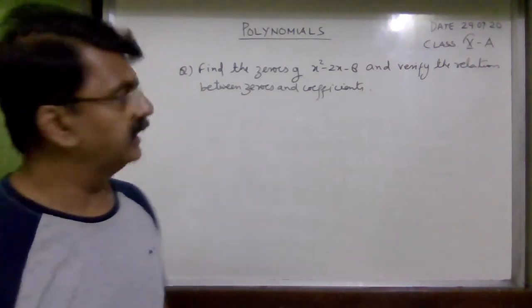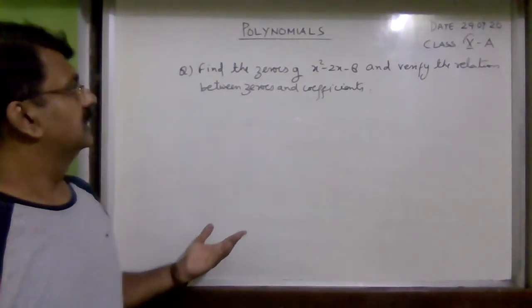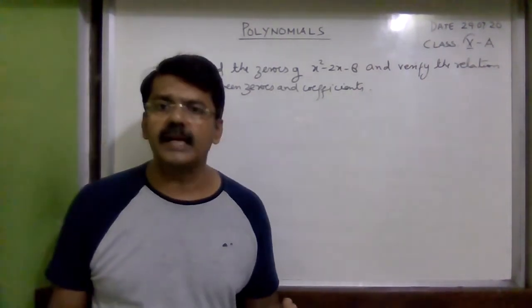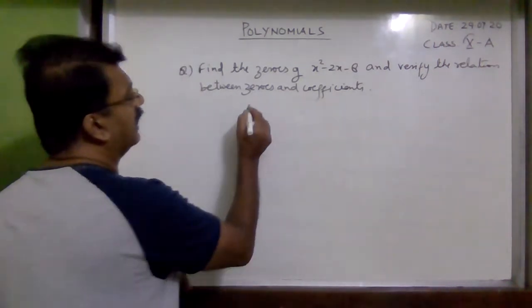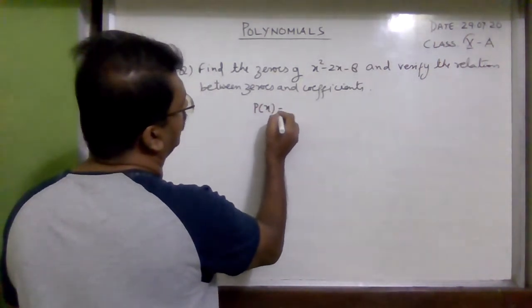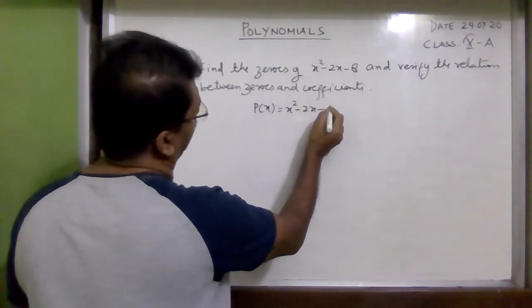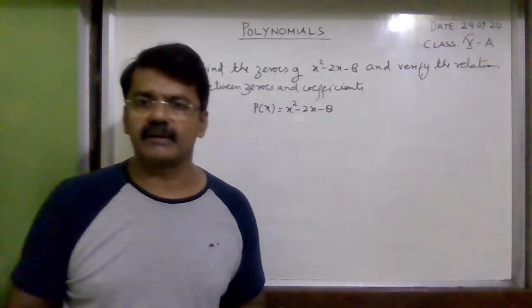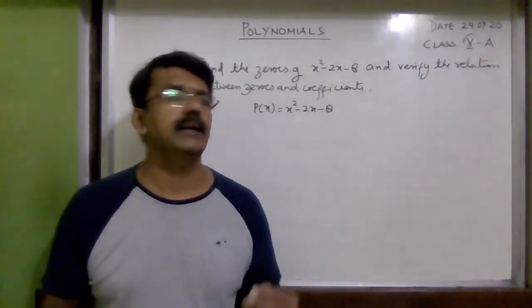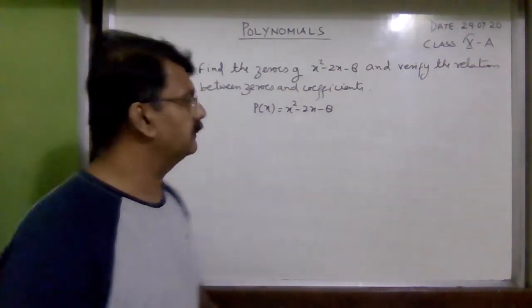Okay, verify the relation between zeros and coefficients. So they have given px is equal to x square minus 2x minus 8.